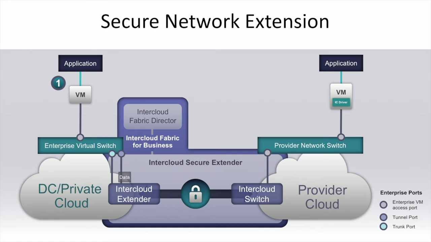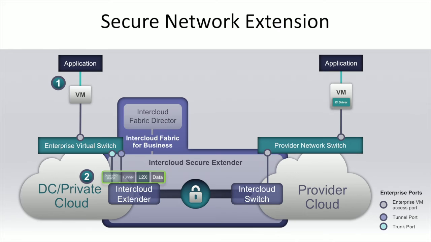So here's a little bit more detail about how it operates. Here you've got an application on the left that wants to communicate out to the application on the right, which sits in a provider's environment. So the application sends a piece of data. That data goes into the enterprise virtual switch. This is just a switch in your data center. From there, it goes to the Intercloud extender. The Intercloud extender is a component that sits in your environment that creates a layer 2 tunnel into the provider's cloud.